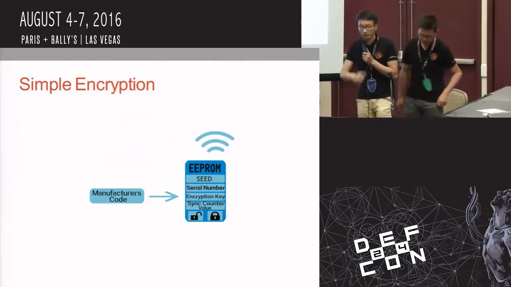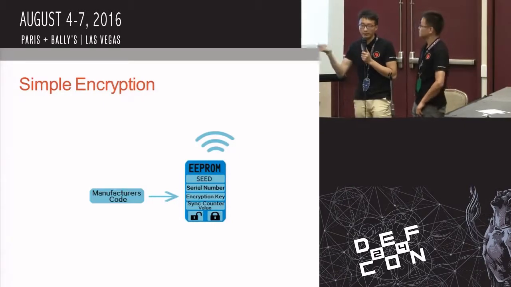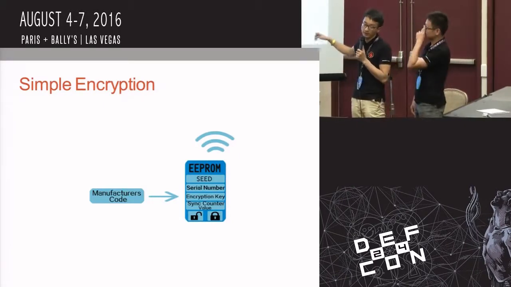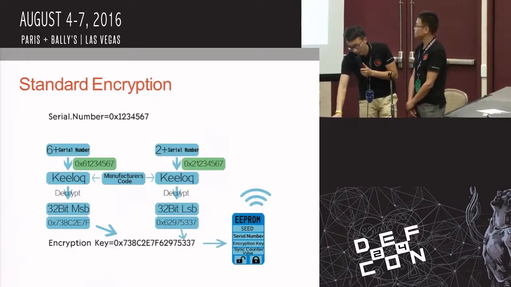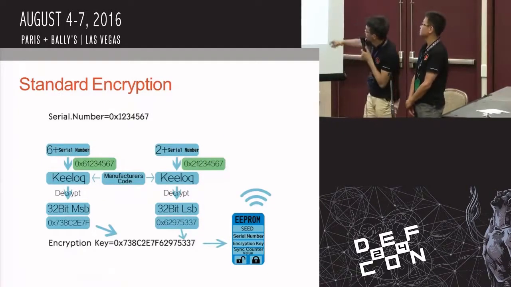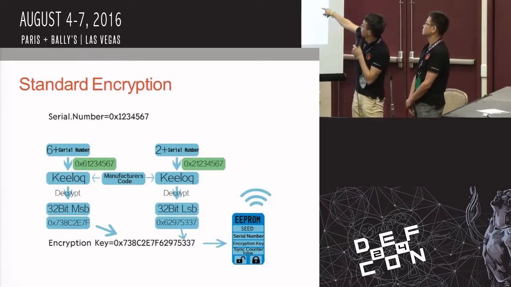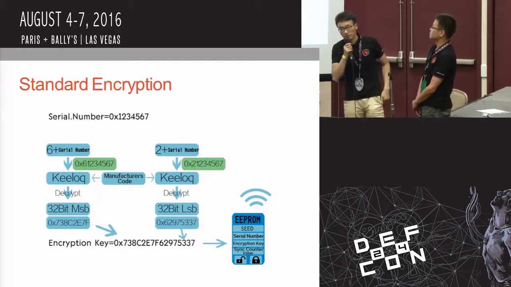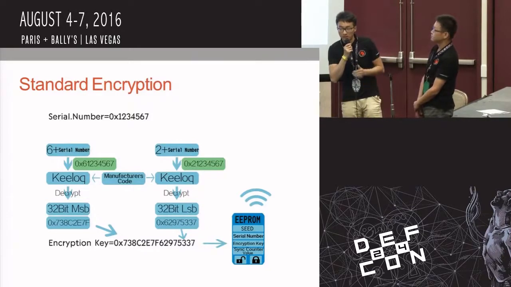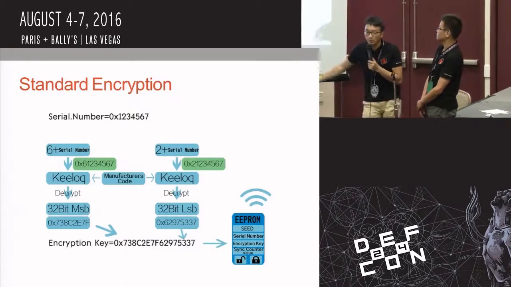This code is the same across all vehicles manufactured by the car manufacturer. And there is the standard encryption. In the standard encryption, if you have the serial number, you can generate the encryption key yourself, and then use that encryption key to decode the hopping code.